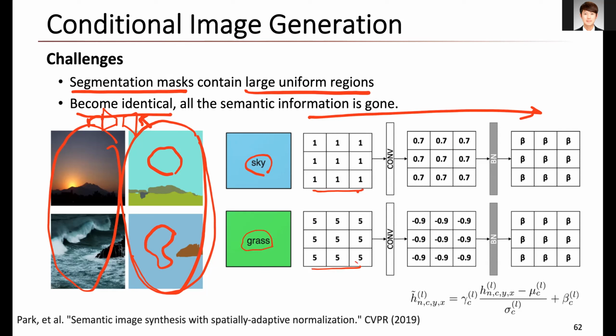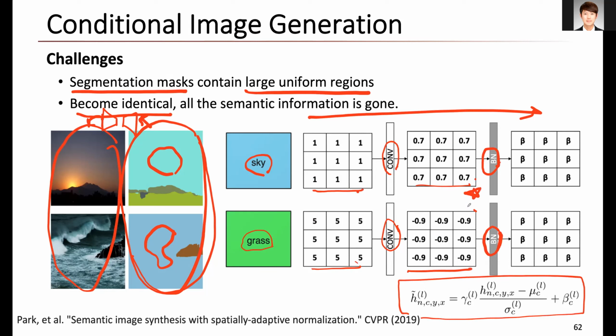Suppose we apply the convolution module and extract the feature vector, and in most convolutional networks, we apply batch normalization to normalize this feature vector. But interestingly, they found that even though they are different feature vectors, they are almost constant vectors. So after the batch normalization layer, they generate exactly the same output.